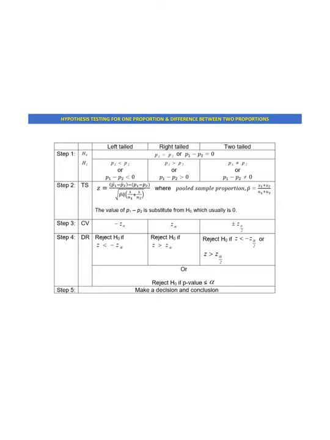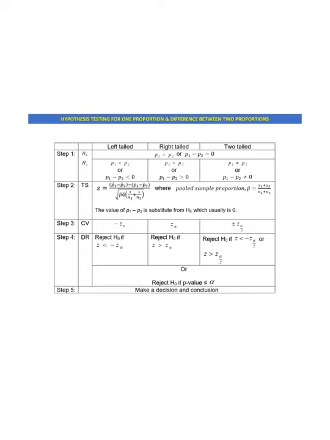Here p̄ is the pooled sample proportion, and the formula is given by x1 plus x2 over n1 plus n2. Remember the value of p1 minus p2 is the value that we take from the H naught, but usually we set it as 0.